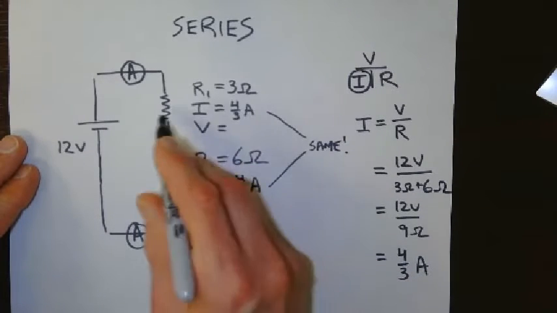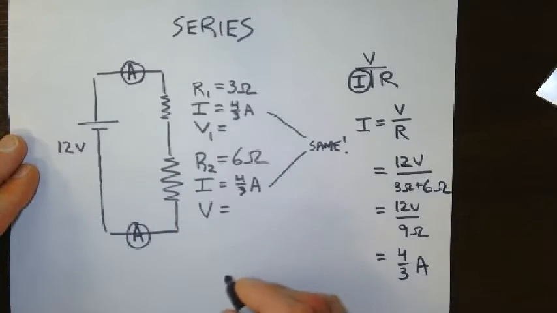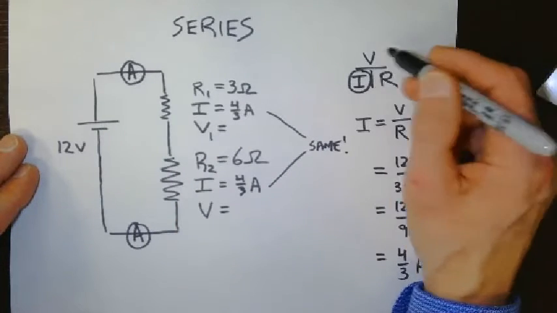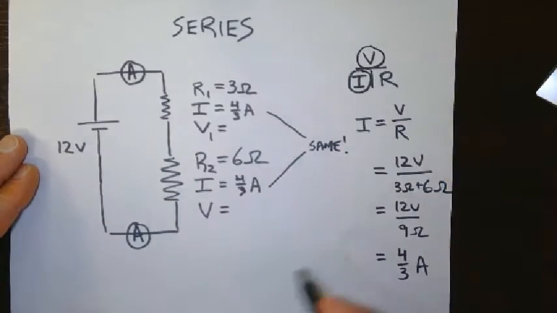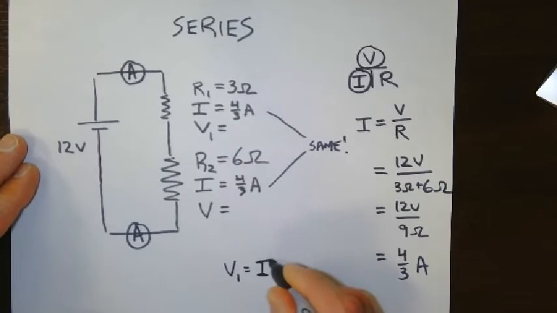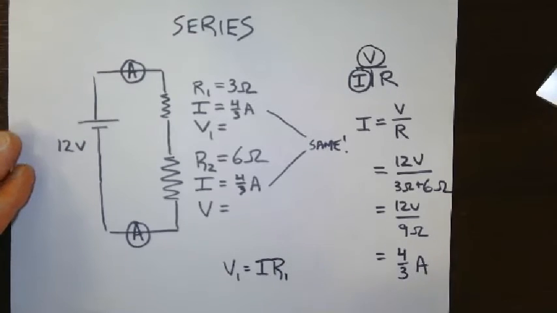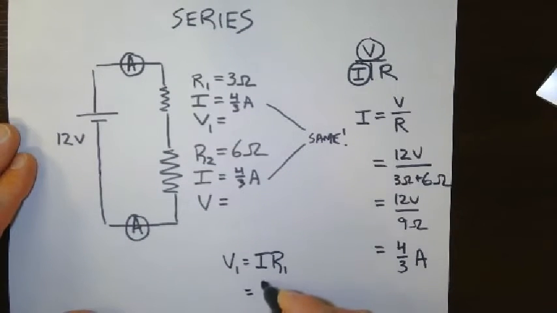So if I want to find the voltage across resistor 1, okay, let's see, I'm going to go back up to Ohm's law. Voltage is equal to I times R, so my voltage across 1 is equal to my current times my resistor 1. And so that's going to be equal to 4/3, right?